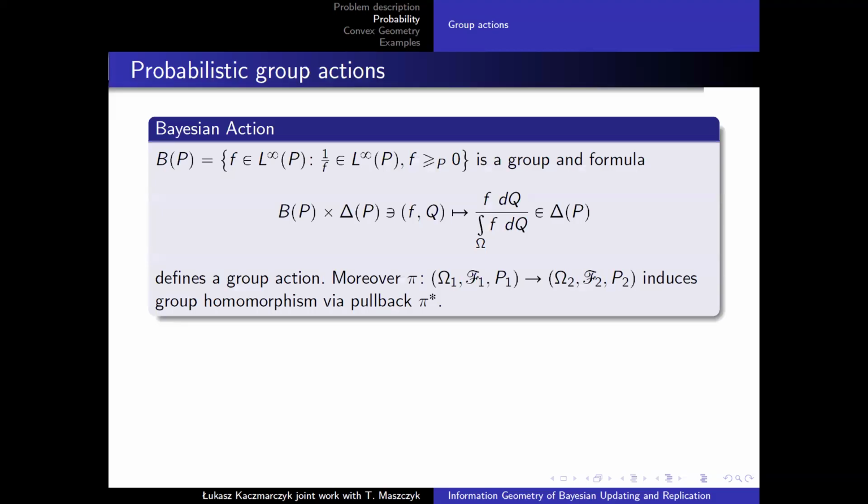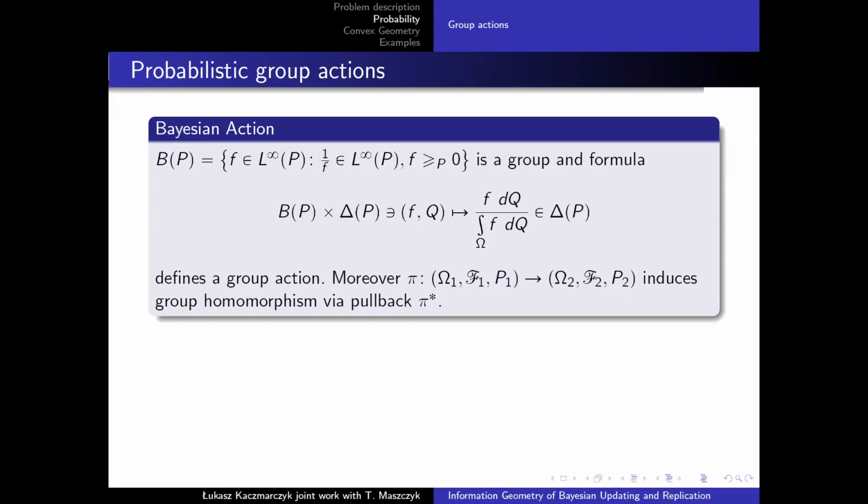Okay, so next step, we would like to get some action acting on our structure, and it is possible to define quite canonically the Bayesian action on the simplex of probability measures. So the group that we'll take into account are the invertible essentially bounded functions with value-wise multiplication as group multiplication.